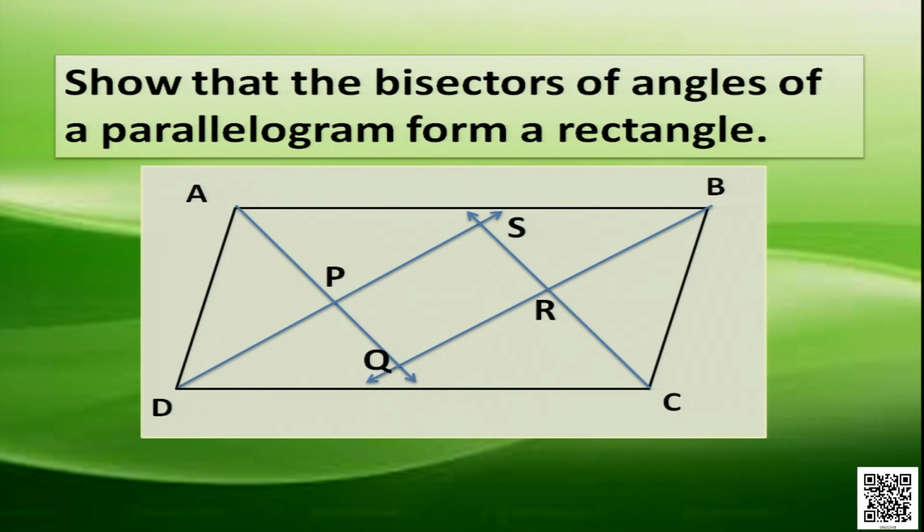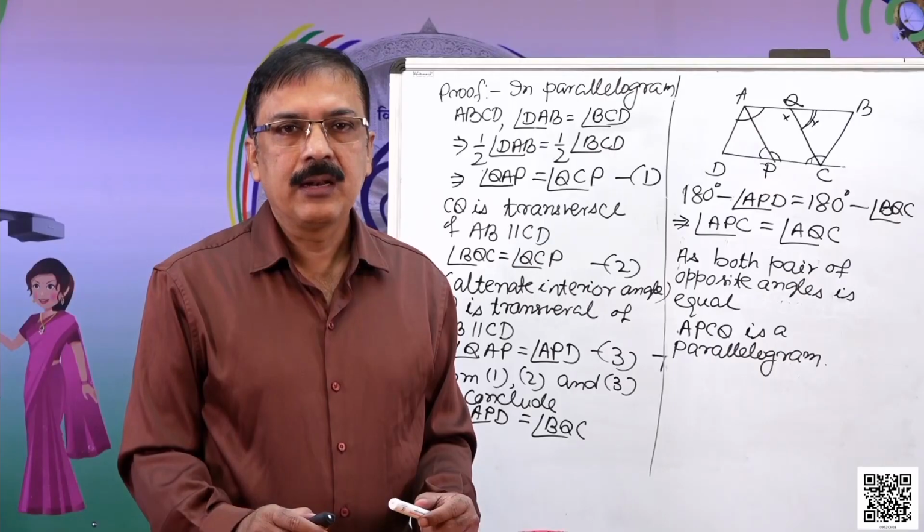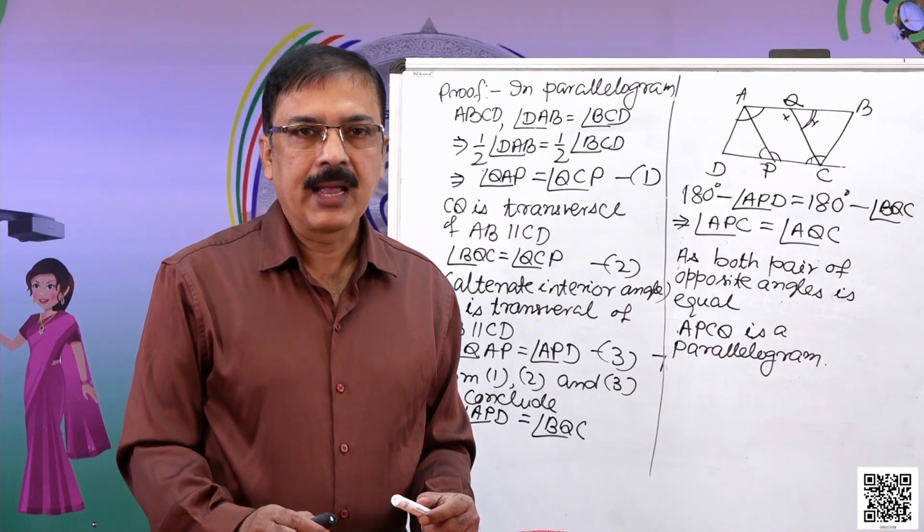ABCD is a parallelogram, AQ and CS are bisectors of angles A and C, DS and BQ are the bisectors of angles B and D. So we have to prove that PQRS is a parallelogram and a rectangle. So first we will prove it to be a parallelogram, then we will prove it to be a rectangle.